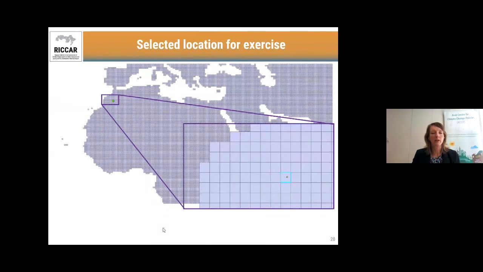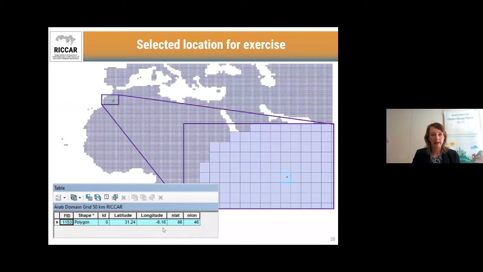Once again, we will be using extracted NetCDF files because of their large size, the same file we used last week based on Morocco. I've selected this location arbitrarily, which happens to have n-long and n-lat coordinates of 46 and 86.